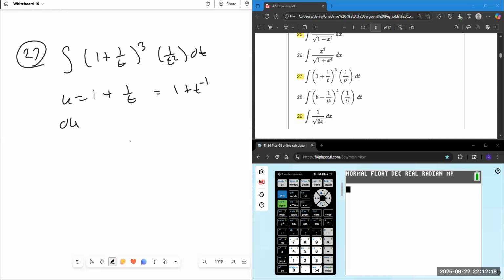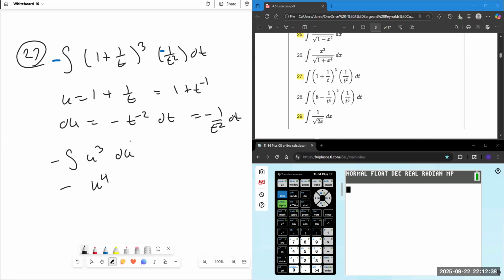Du is -t to the -2nd dt, or -1 over t squared dt. So I need a negative and a negative. That makes a negative integral of u cubed du, which is a negative u to the 4th over 4, plus c. That is -1/4 times 1 plus 1 over t, to the 4th, plus c.